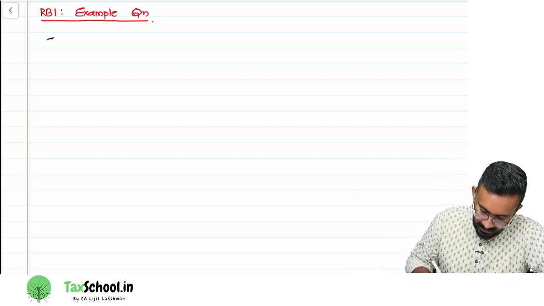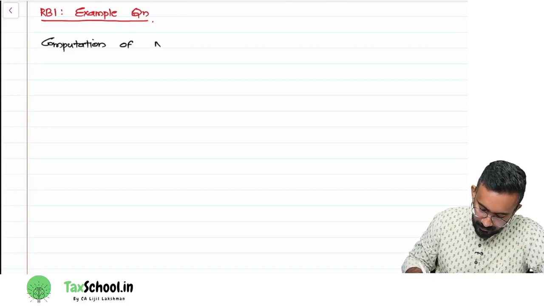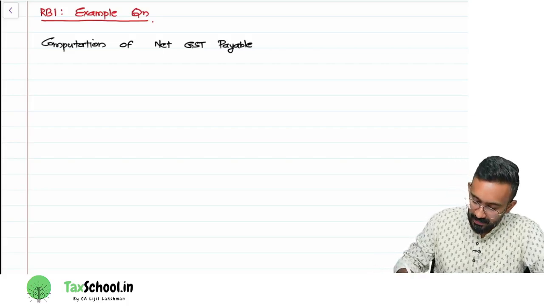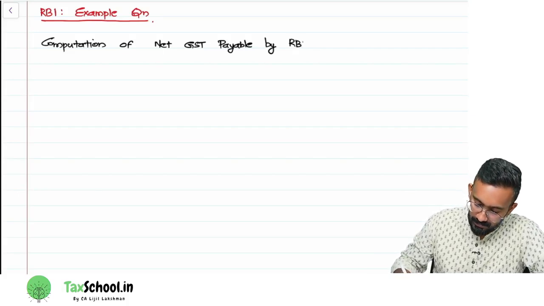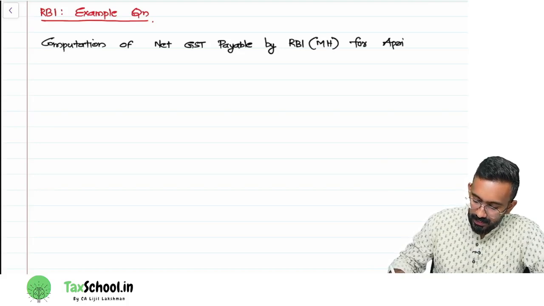So I will write: computation of net GST payable by RBI Maharashtra registration for April 2023. This is the heading.